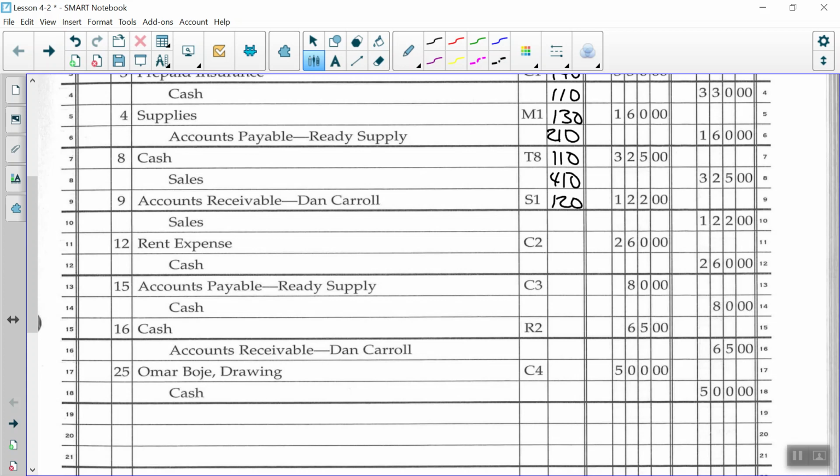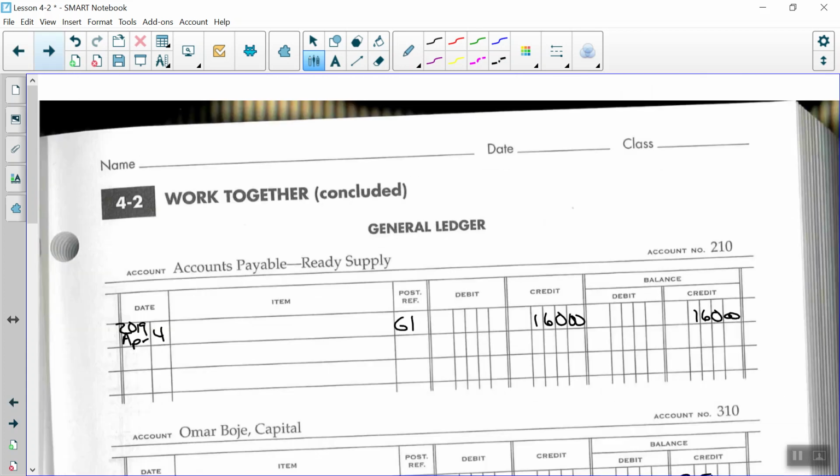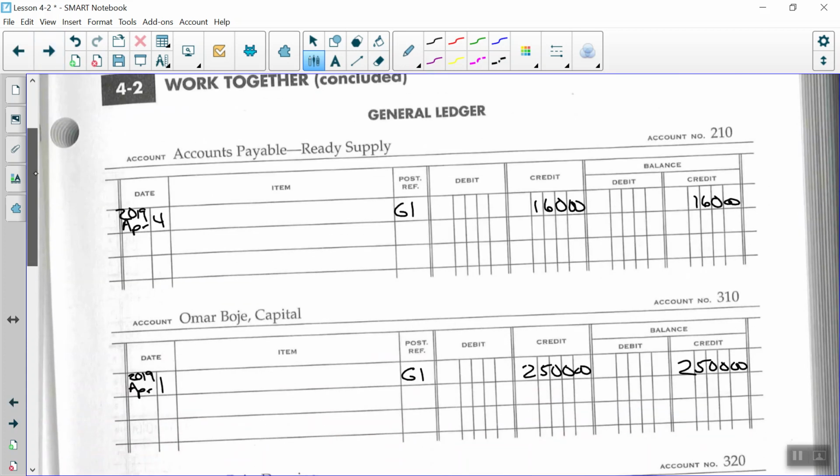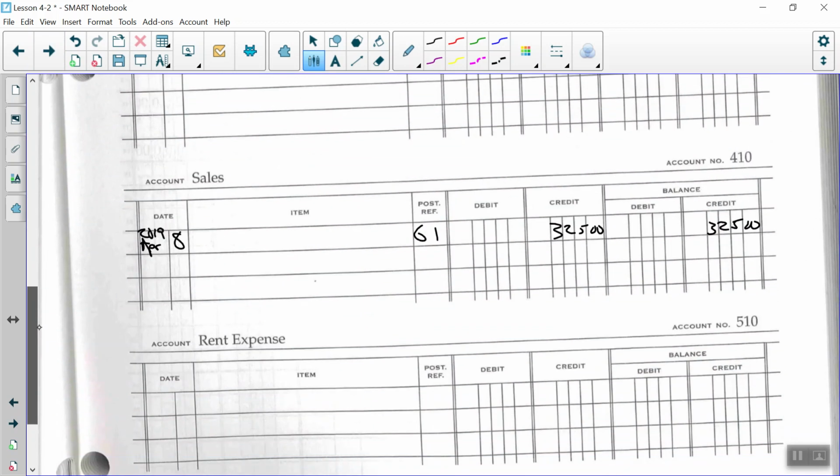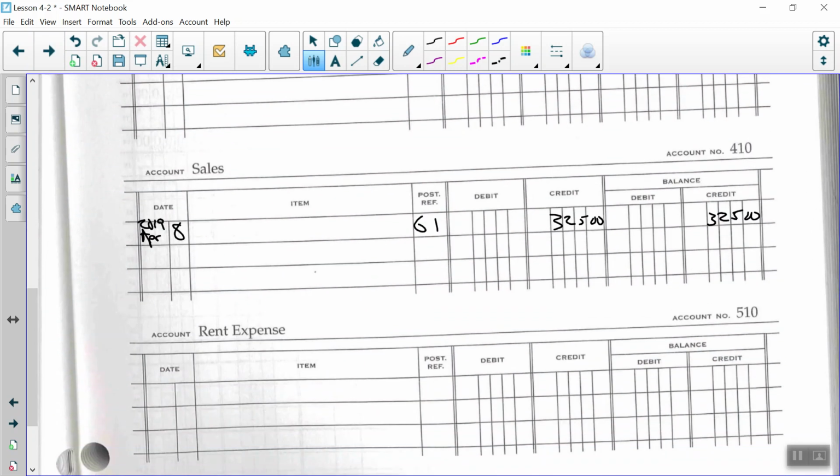Okay. So then we go find sales. Are we increasing or decreasing sales? Increasing. Again, we already have one here, so we only have to put the day. So 9, G1. We're crediting 122. So we got a credit and a credit.